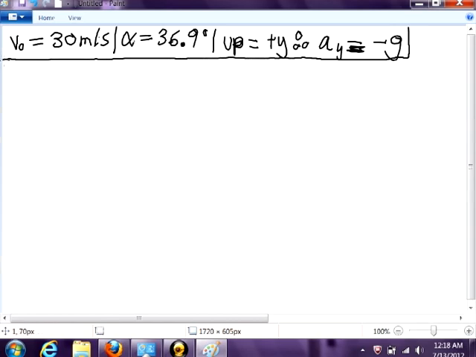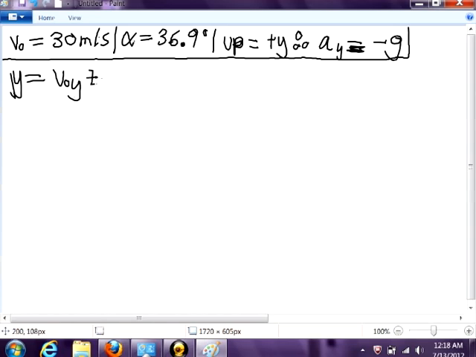Okay, so we're going to use the height equation, or the y distance equation, I should say, to calculate the time. So y is equal to v0y times t.